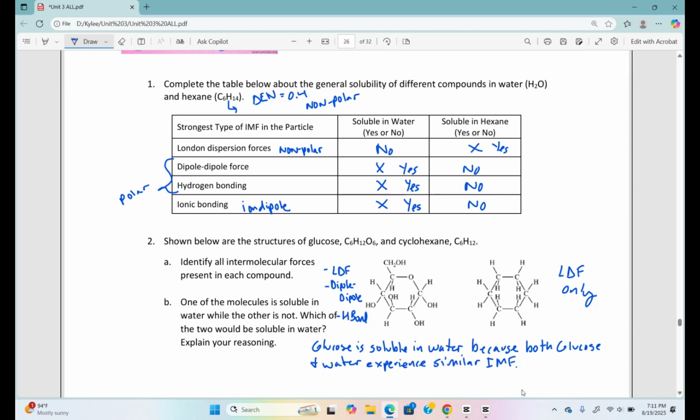Typically, when we do explanations like this, we should talk about both compounds. That's a pro tip. I should make a comment here that cyclohexane is nonpolar and would only dissolve in something that also was nonpolar.